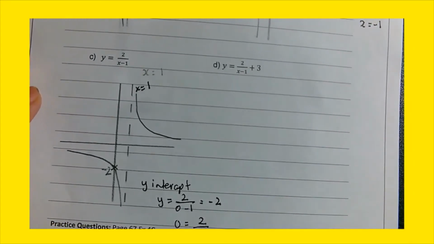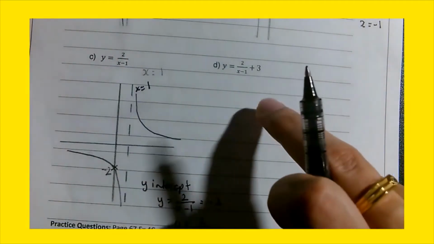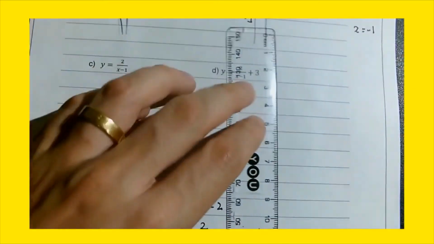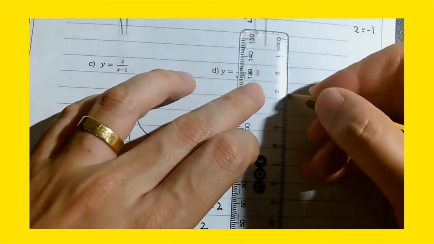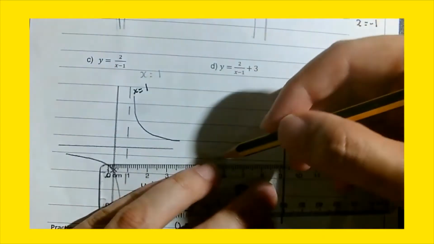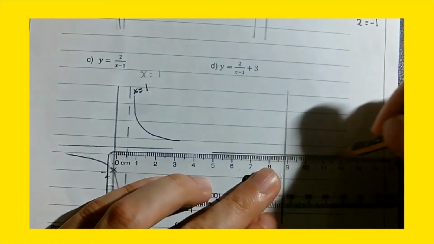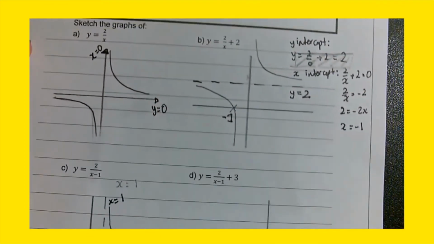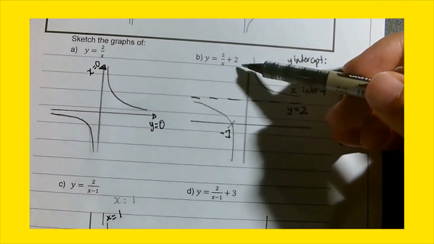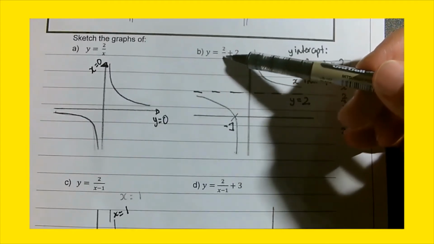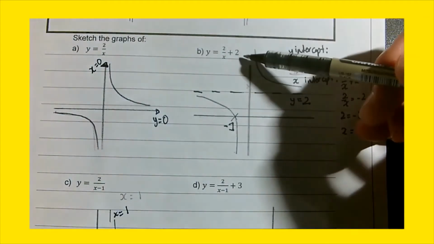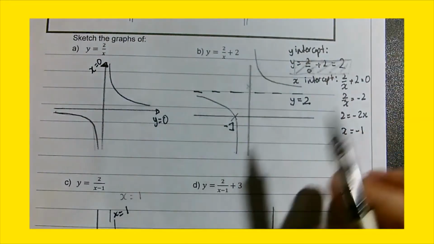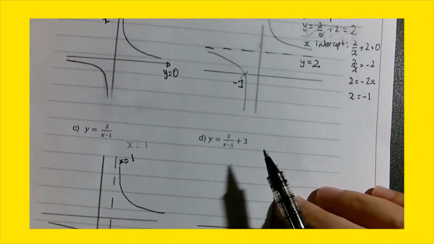And the final one which we've got here is a combination of what we've already seen. We've got 2 over x minus 1 plus 3. So I'm going to do my sketch of the x and y. Now, if you remember the example that we had here, 2 over x plus 2, I said that if you've got 2 over x and the plus 2 on the outside, what you're doing is all the y values increase by 2.